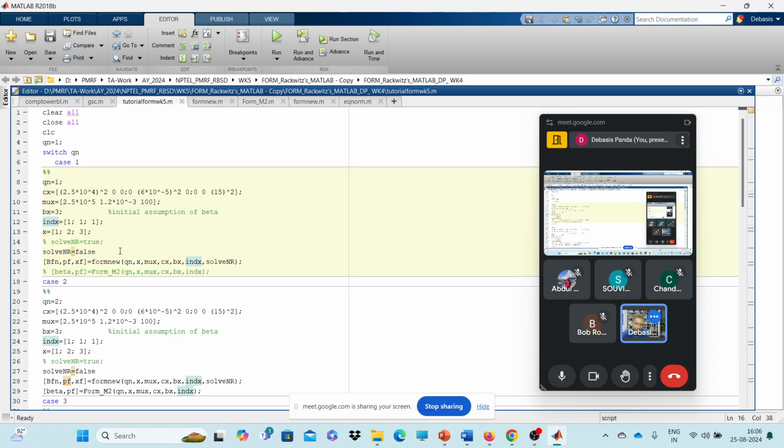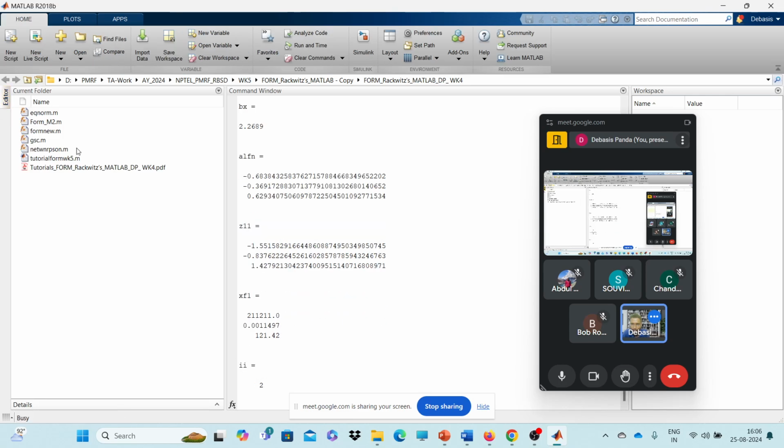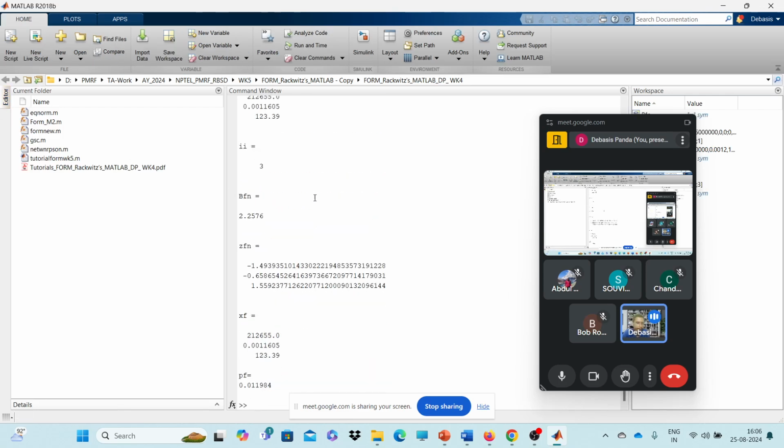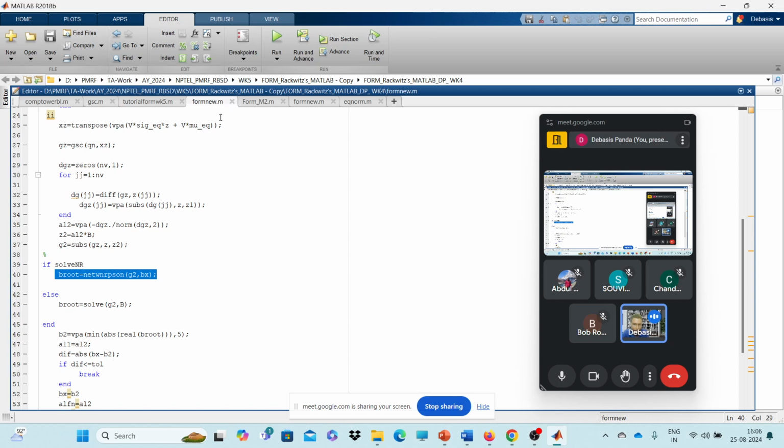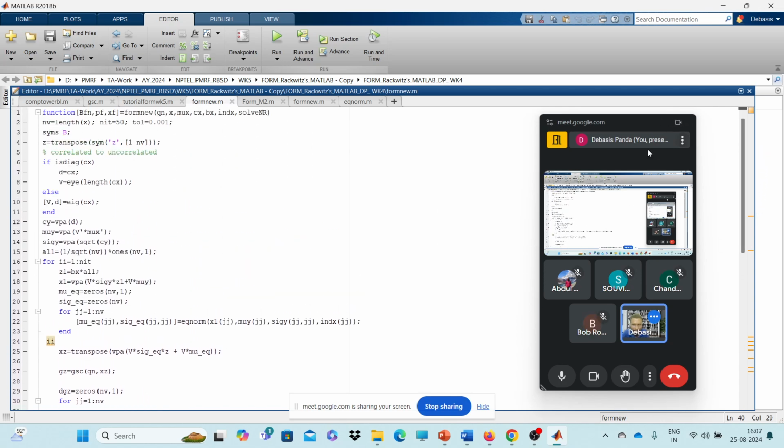Now if I call this function file, what will it do? Let's call it. Okay, it starts iterating. When I provide these values, first it will check whether cx is diagonal, or whether there is any off diagonal term.